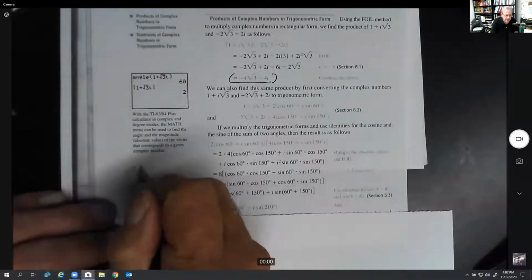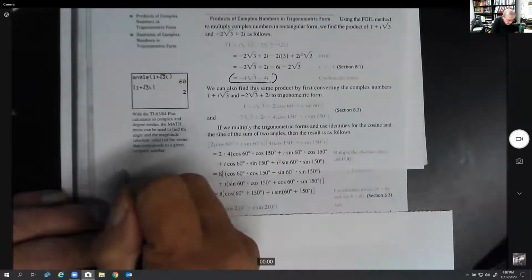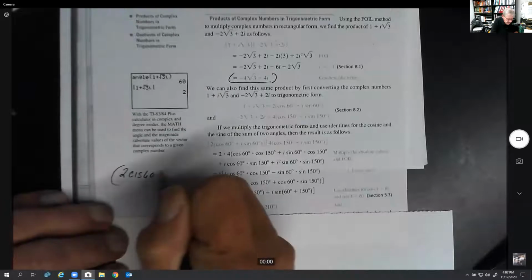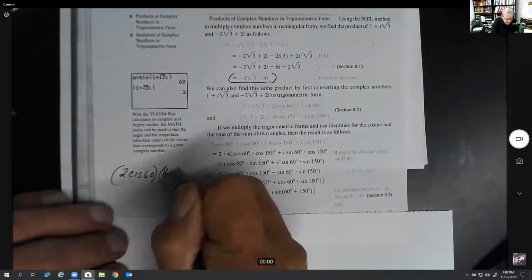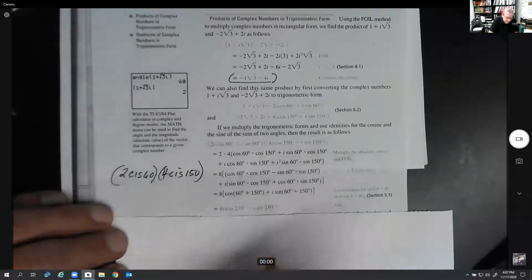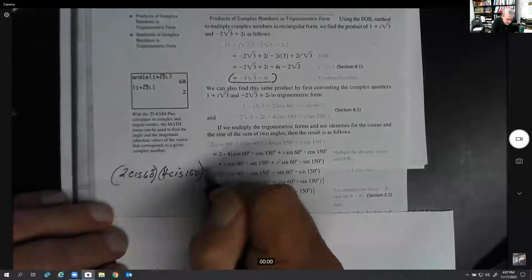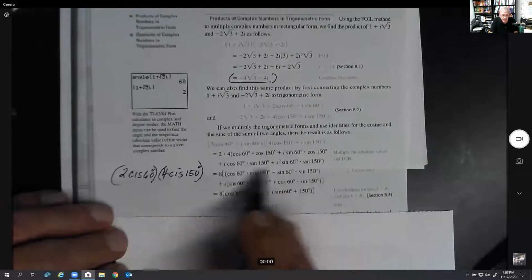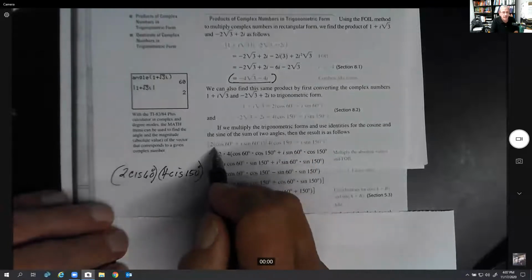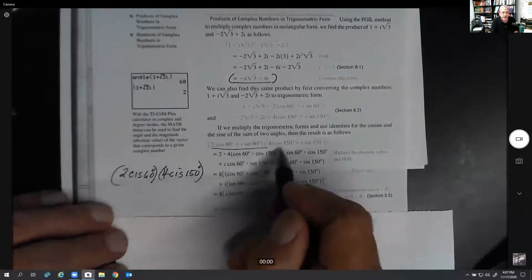They were taking 2 cis 60 times 4 cis 150. Basically, that's what they're doing, right? 150 degrees, 60 degrees, and that's what they multiplied all out here. They had it expanded out a little bit; right here, they're writing the whole thing out.